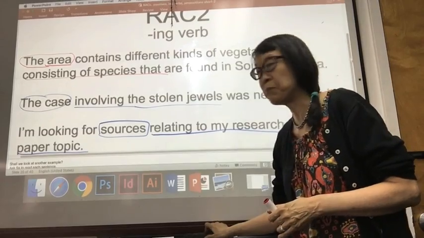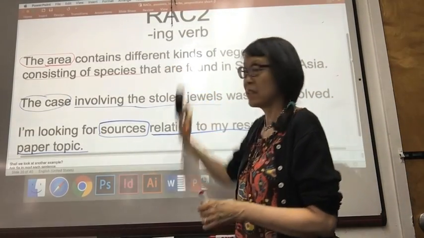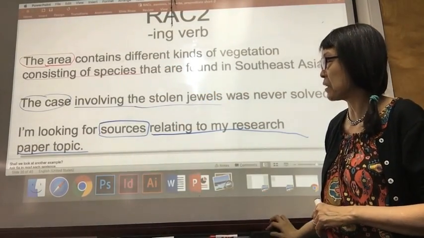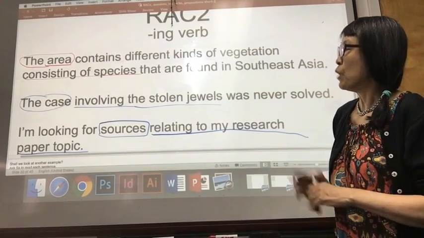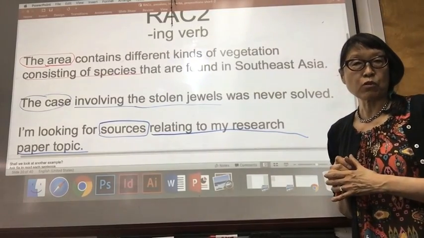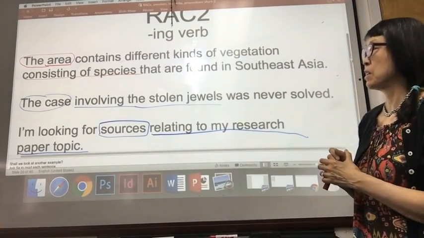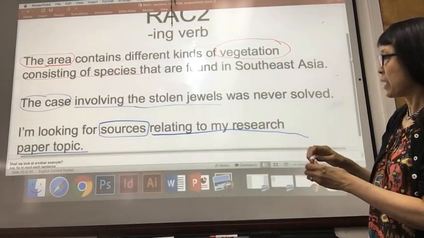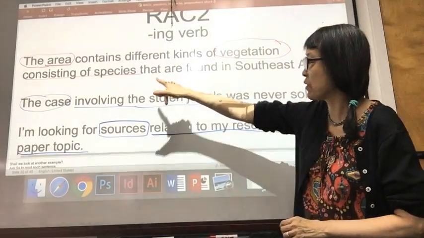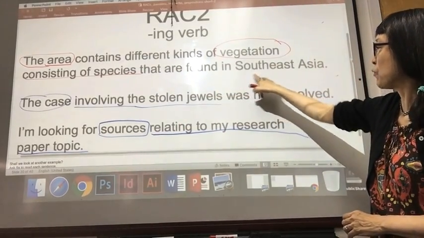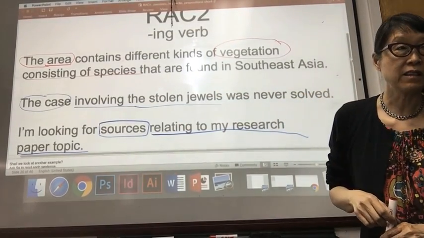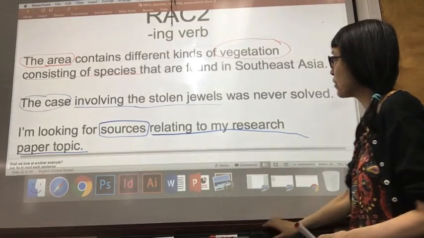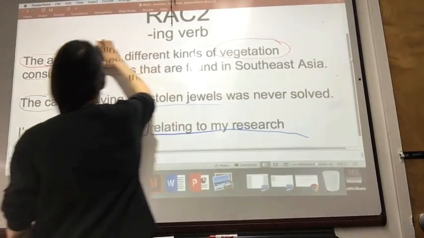Oh, so you don't want to put in that? Okay. What does consisting of species describe? Which noun? Vegetation. Because the vegetation consists of species that are found in Southeast Asia, right? Does that make sense to everyone? So shall we erase this?